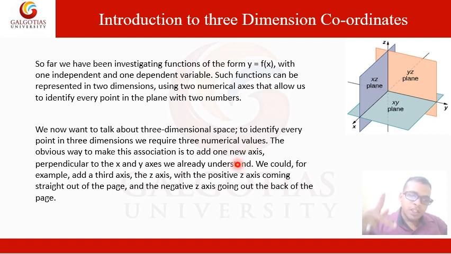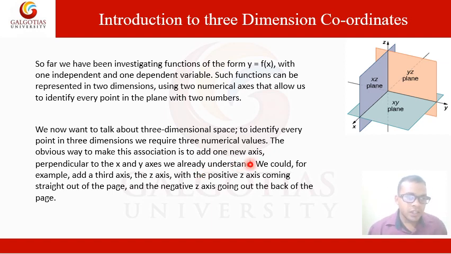Initially we were studying only the x-axis and y-axis. Both are perpendicular to each other. Make sure of this, they are perpendicular to each other. Suppose I take a plane that is perpendicular to this paper. So this is your x-axis, this is your y-axis, and this will be your z-axis. That means an extra axis coming outward from the paper.